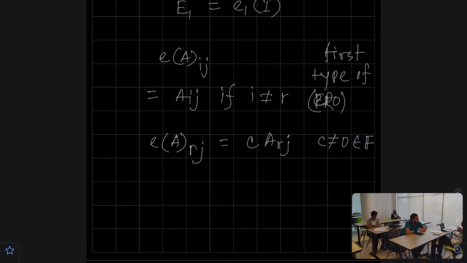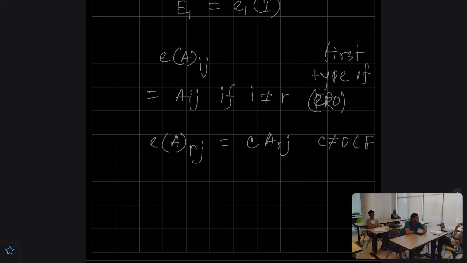If you consider 0, then 1 over 0 does not exist. That's why we have to take a non-zero element that belongs to the field. For every non-zero element in the field, there exists a unique inverse of that element. Zero has no inverse element in that field.